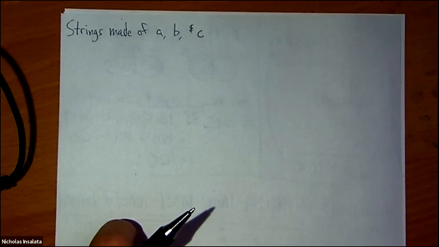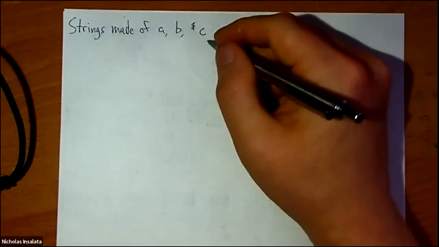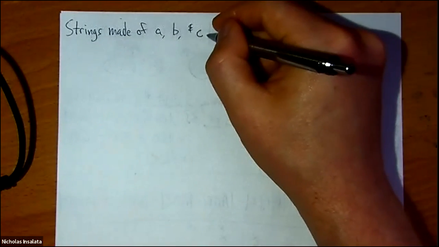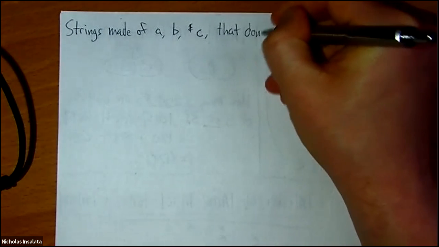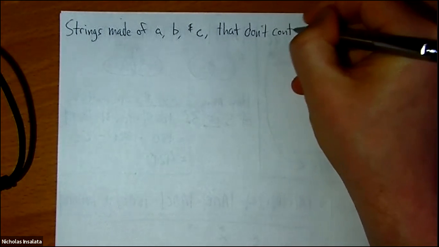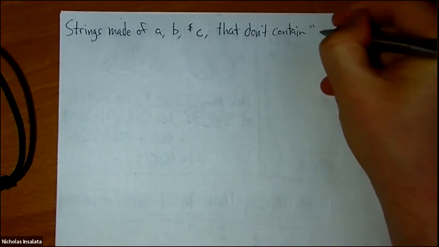So we're going to keep looking for, during the problem, strings made of A's, B's, and C's that don't contain the string AA.